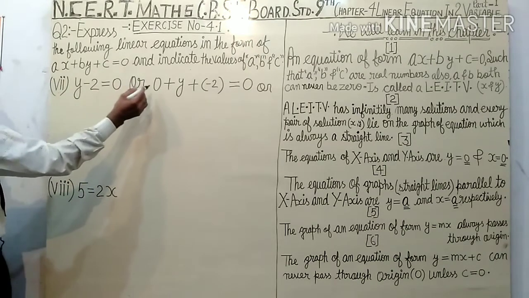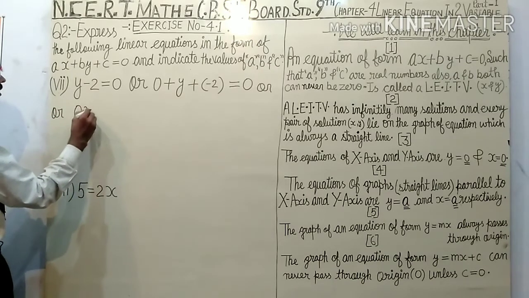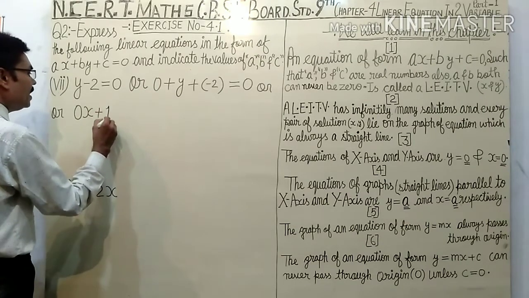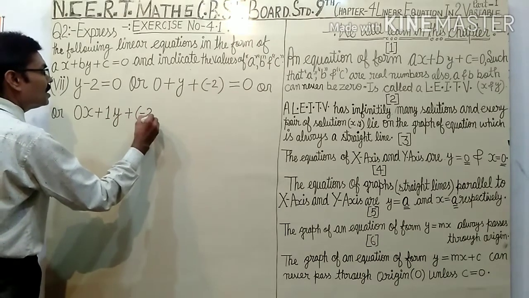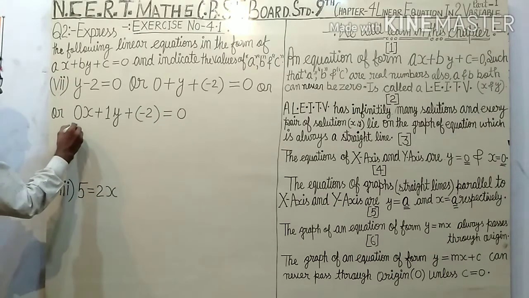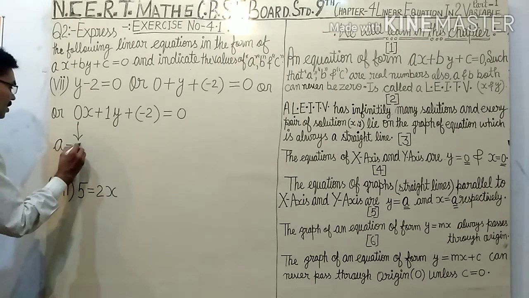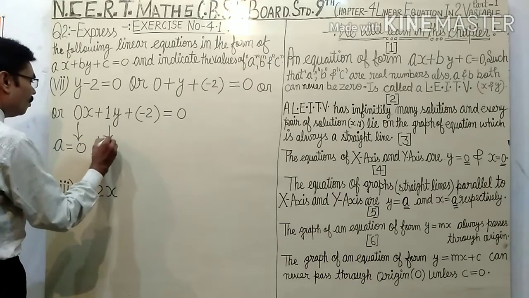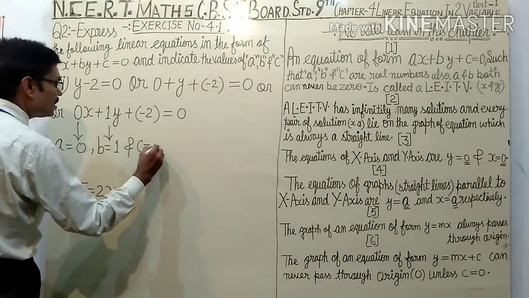This will give 0x plus y, which is the same as 1y, plus minus 2 equals 0. And now by comparing we get the values of a equals 0, b equals 1 and c equals minus 2.